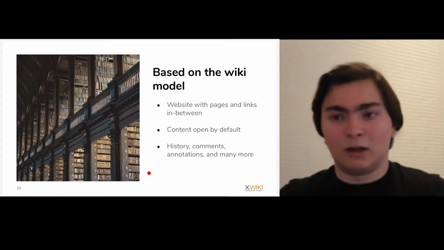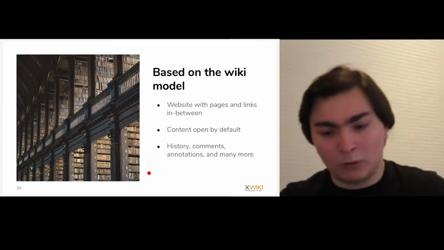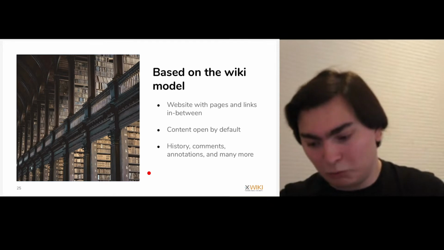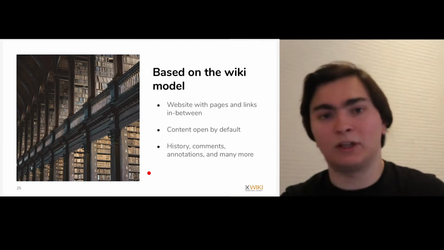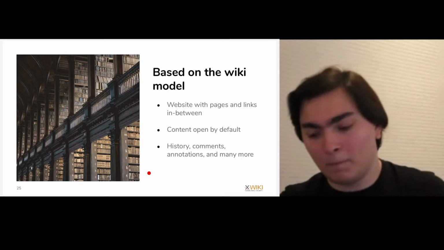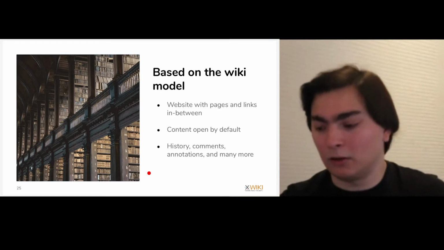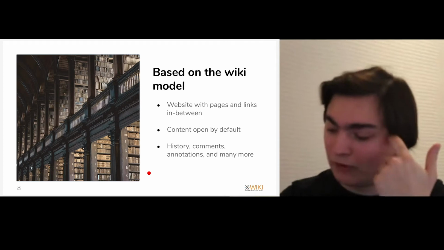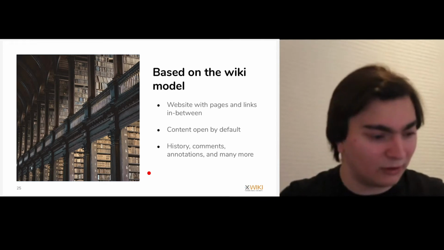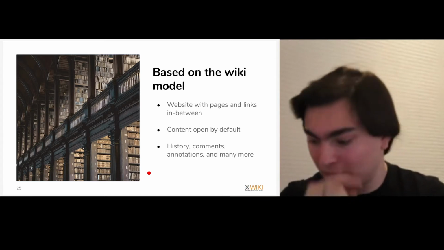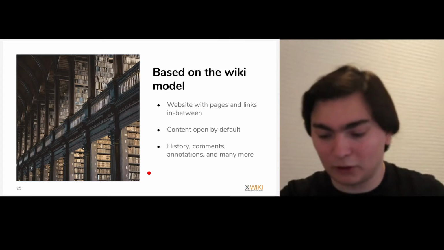With XWiki, what we are trying to do is build it so that it's easy to use for organizations. From the previous definitions that I gave, maybe you see some elements that are contradictory with use inside of a company.